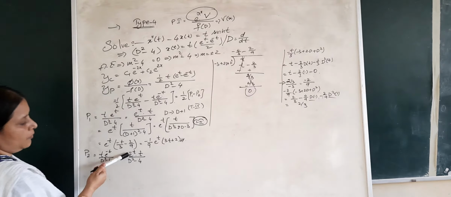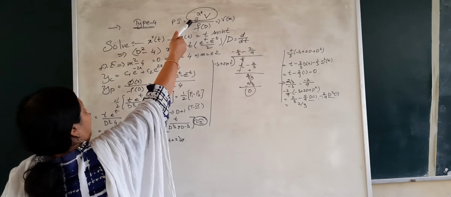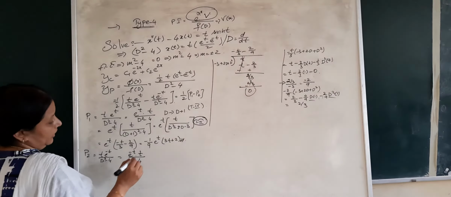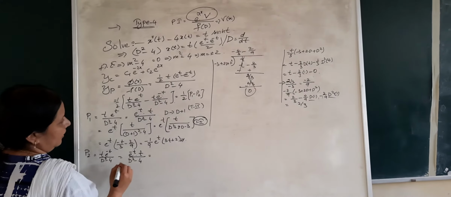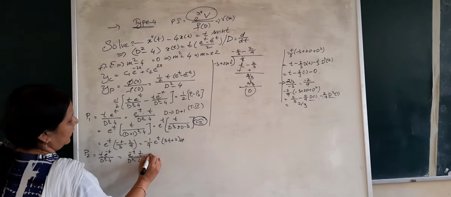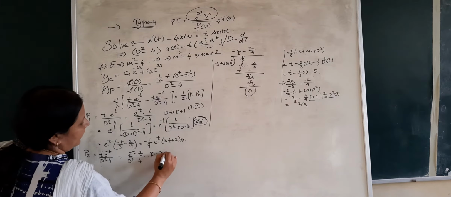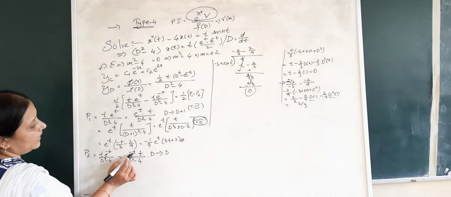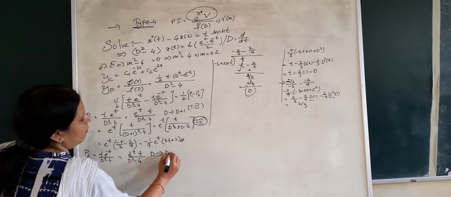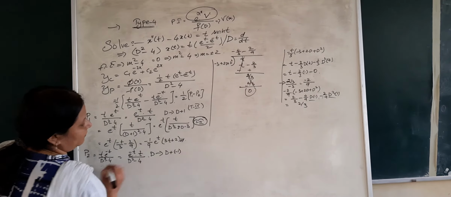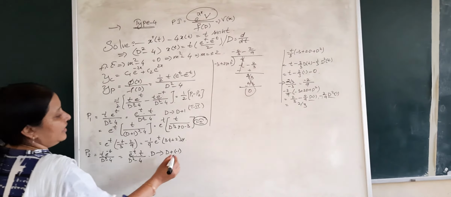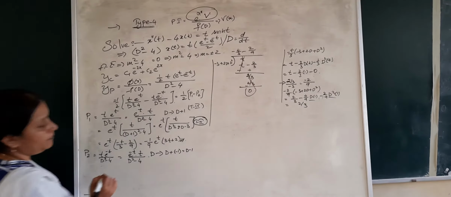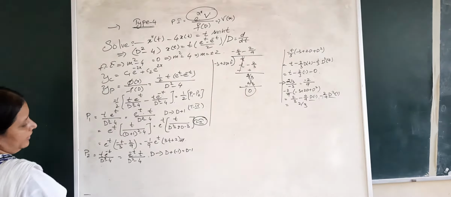Always write the exponential term first, so that it is the standard form of type 4. Now we have to replace d by d plus a, where a is the coefficient of t in the exponential, and in this case the coefficient is minus 1. So I have to replace d by d minus 1. Understood?